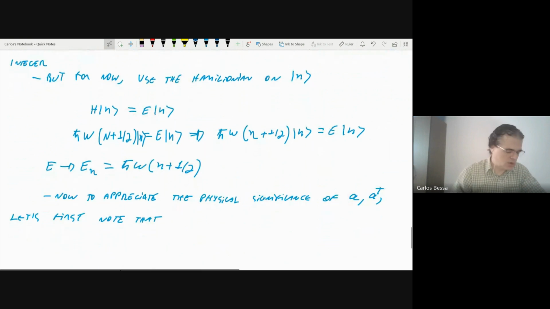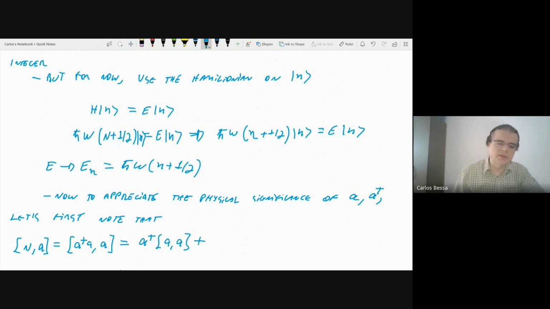So let's see some important relations. For instance, the commutator of N and A, using the definition of N, this is just A dagger A, which you can write as A dagger, commutator of A, plus the commutator of A dagger with A. So the commutator of this is 0, because the commutator of A with A. And this we already saw in the beginning is -1. So the result of this commutator is -A.